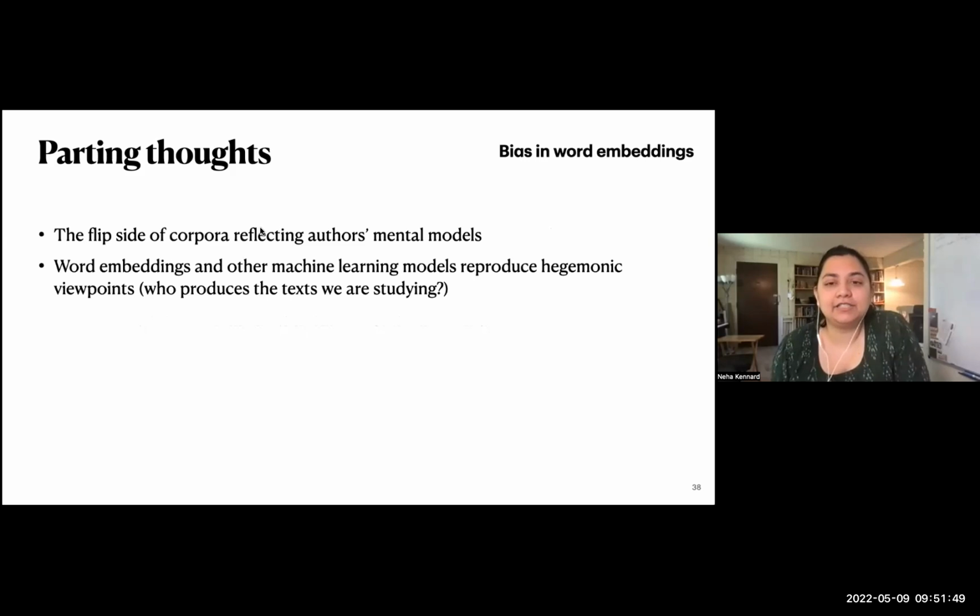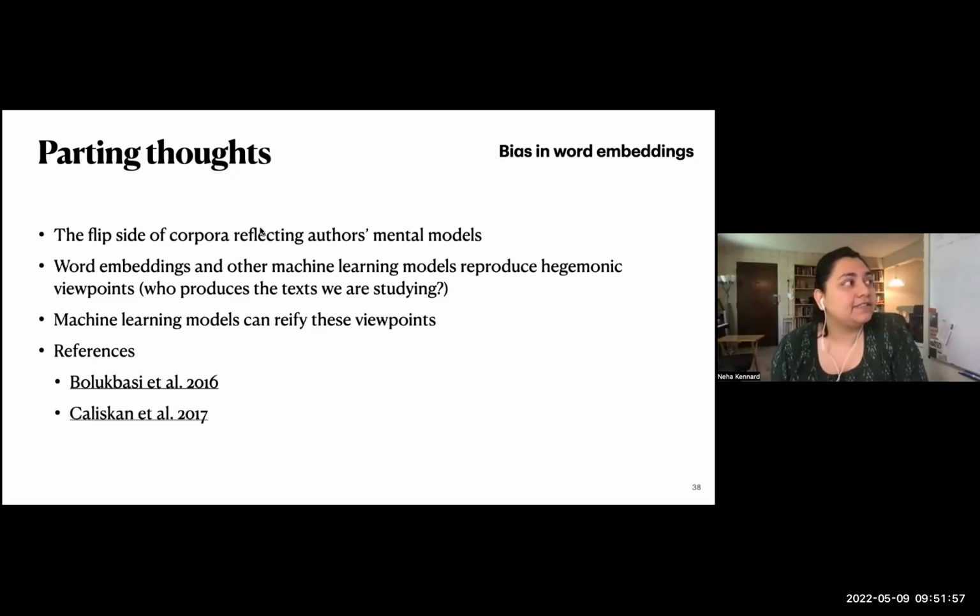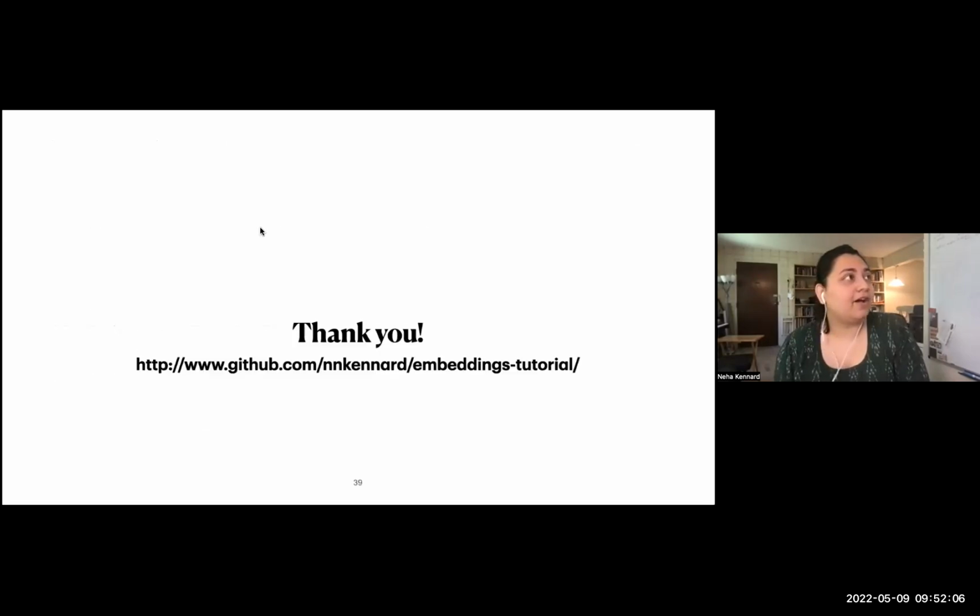So machine learning can reify the viewpoints that are produced in text. Do take a look at these references that explain in detail what the dangers of bias in word embeddings are. So that's all I have, actually.